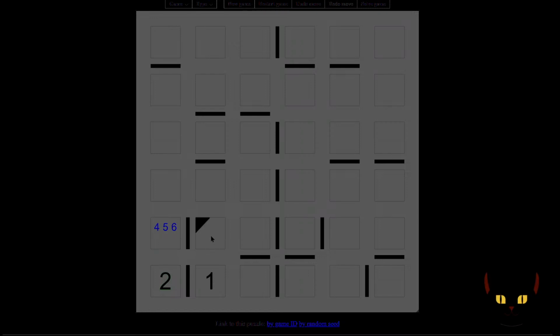Same idea here, it's not the 1, it's not the 2, so it's got 3, 4, 5, and 6. But here, no, it's not the 2. But all three of these choices eliminate the 5. So if you pick 4, then you can't have a 5 because it would be adjacent. If you pick 5, you can't have 5 because that would be used.